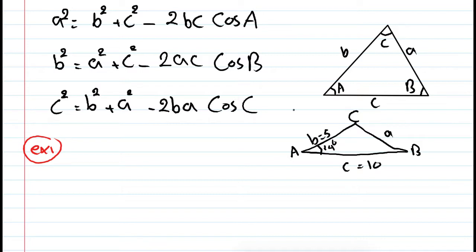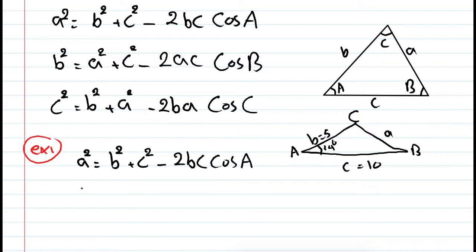So A squared equals the sides that are not A, that means B squared plus C squared, minus 2 times BC cosine of the angle that is opposite to A, which is cosine of A.